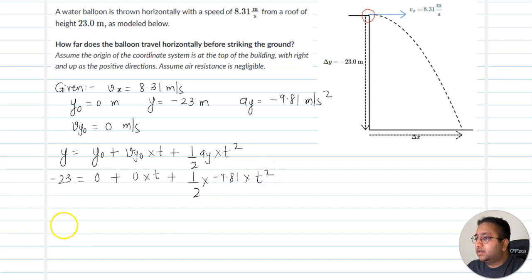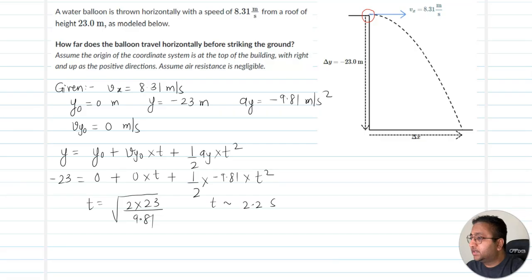Now I can rearrange this equation and write t as the square root of 2 into 23 over 9.81. Further simplification, you can find t as 2.2 seconds.